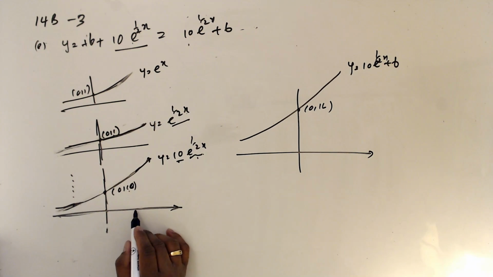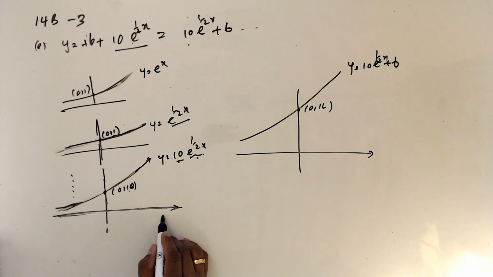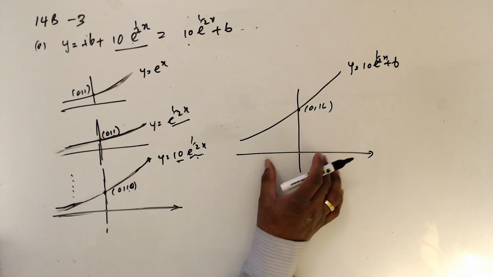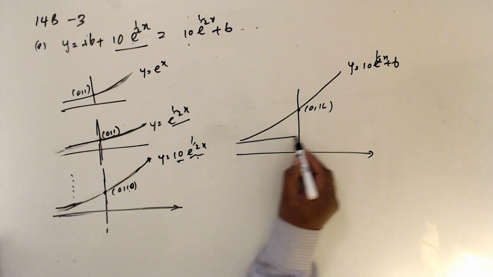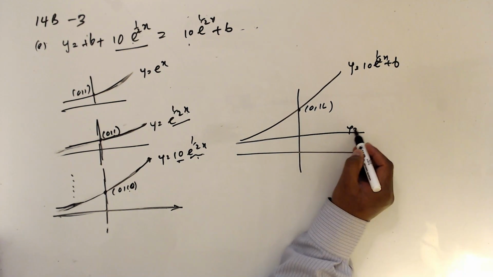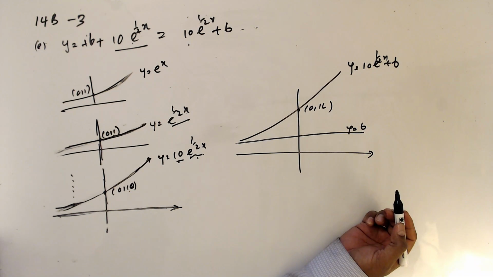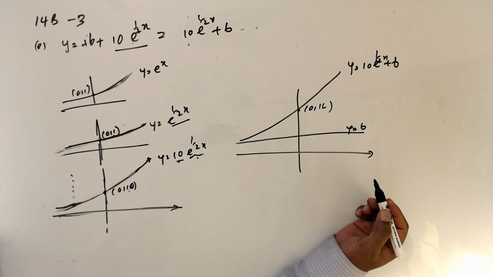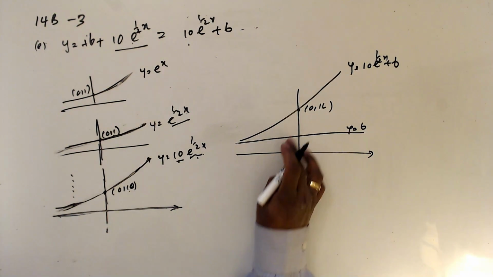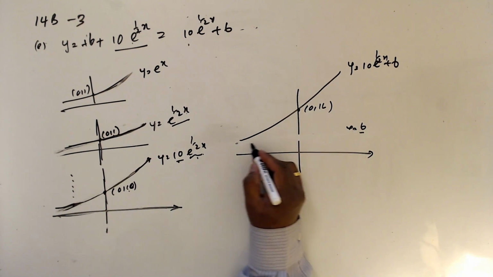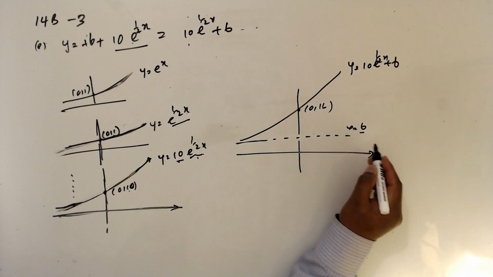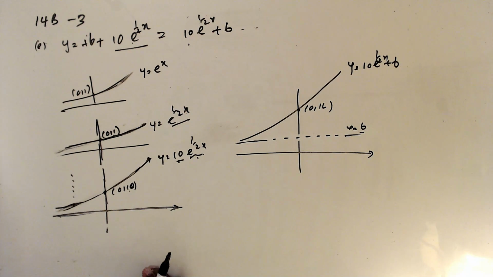Where this horizontal asymptote was like the x-axis, that one I want to move 6 units, so this is the y equals 6 line. Actually we have to put a dotted line for the asymptote, not a proper line.